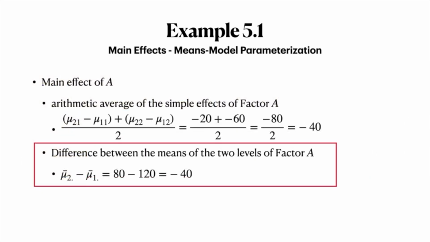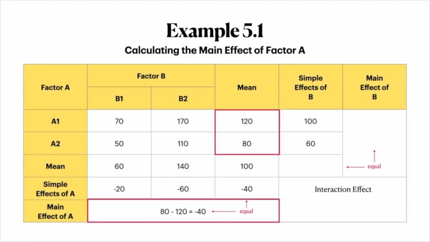Now, we can also calculate the main effect of A as the difference between the means of the two levels of factor A. So mu bar 2 dot minus mu bar 1 dot, which would be 80 minus 120. And that gives us, again, negative 40. Now, looking in the table, we're taking the difference between the values 80 and 120 that I've got shown here in the table.